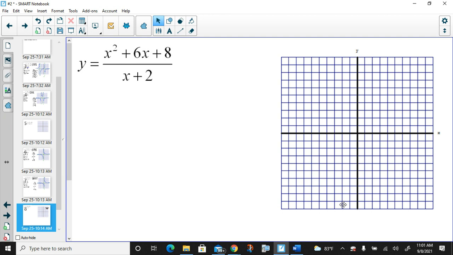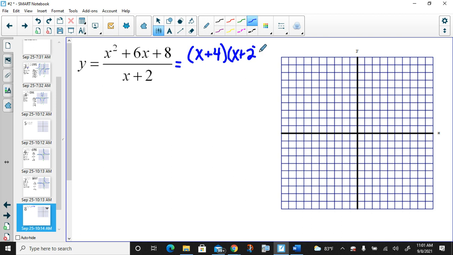All right, guys. So this one actually goes quickly. So let's go ahead and take a look at it. Of course we want to start with our factoring. So we get x plus 4, x plus 2. Of course, order is irrelevant there. So the x plus 2's cancel.